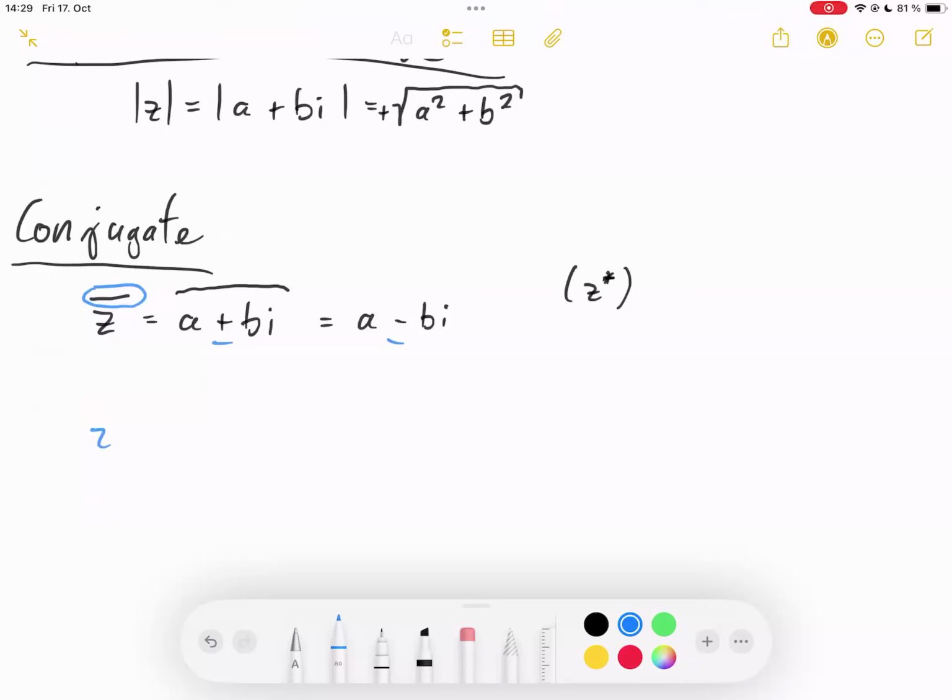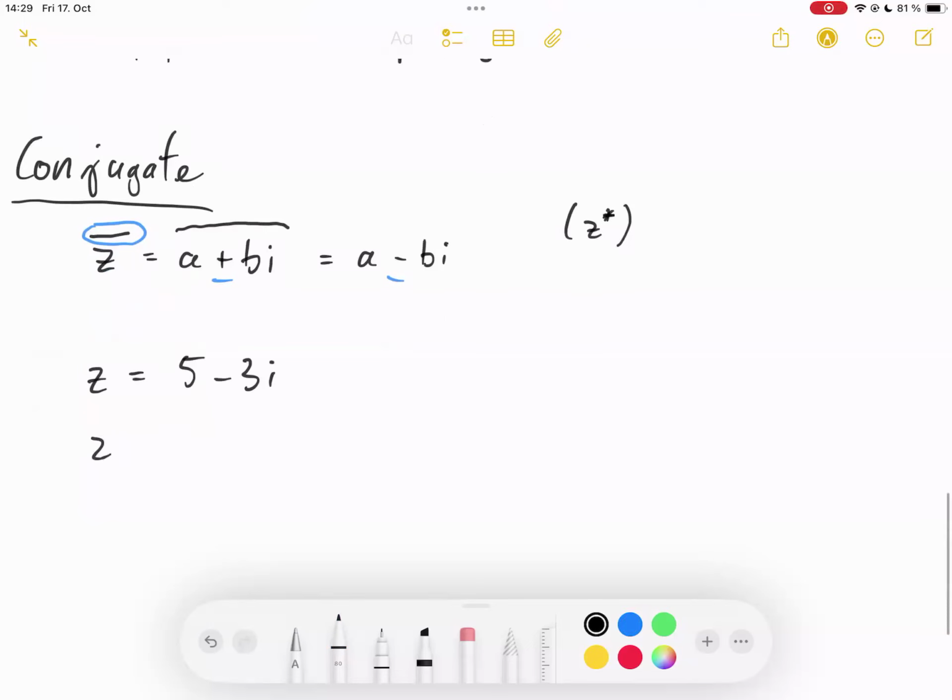So we can say z is 5 minus 3i. I want to know from you what's the conjugate of this. And if you know the answer, send it to the chat, which is straightforward. So it's 5 plus 3i.